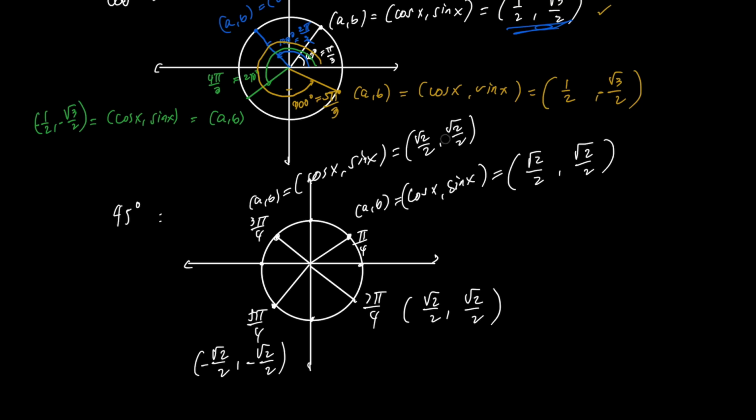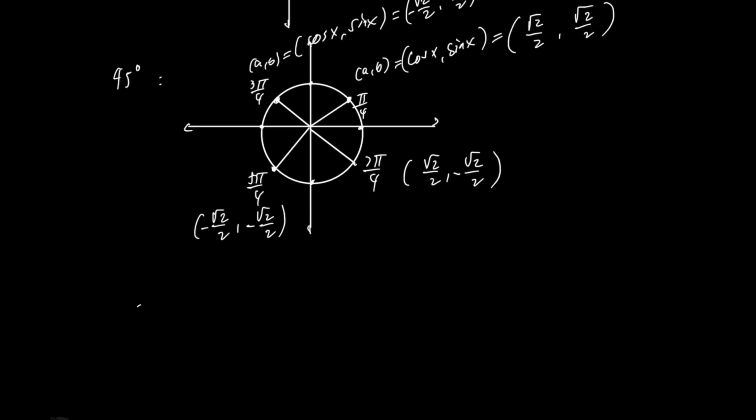Correction, in the second quadrant, the sine is positive, the cosine is the one that is negative. So this is negative. Okay, now for the fourth quadrant, cosine is positive and the sine is negative.